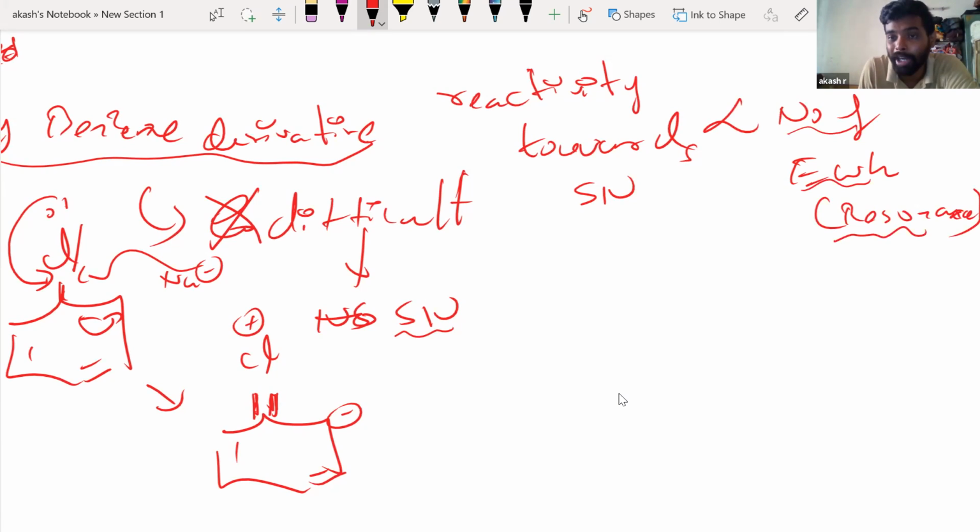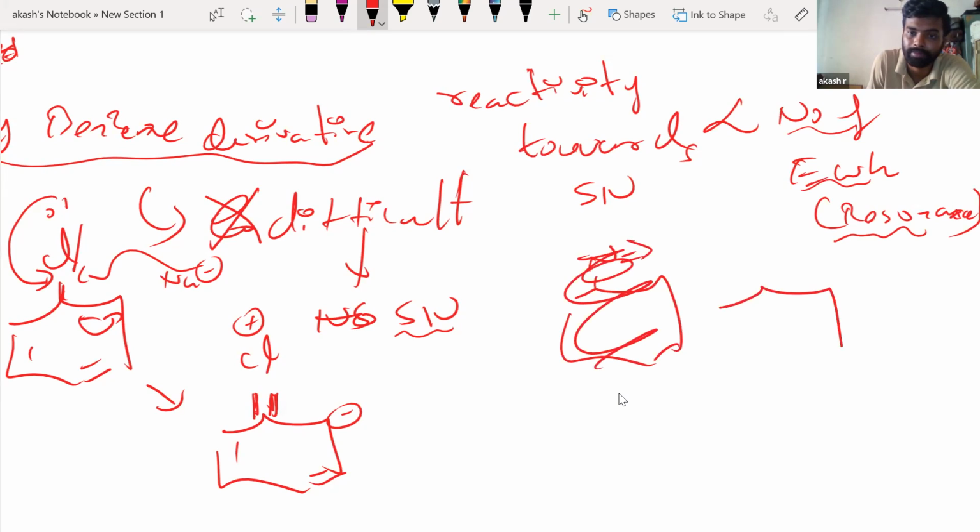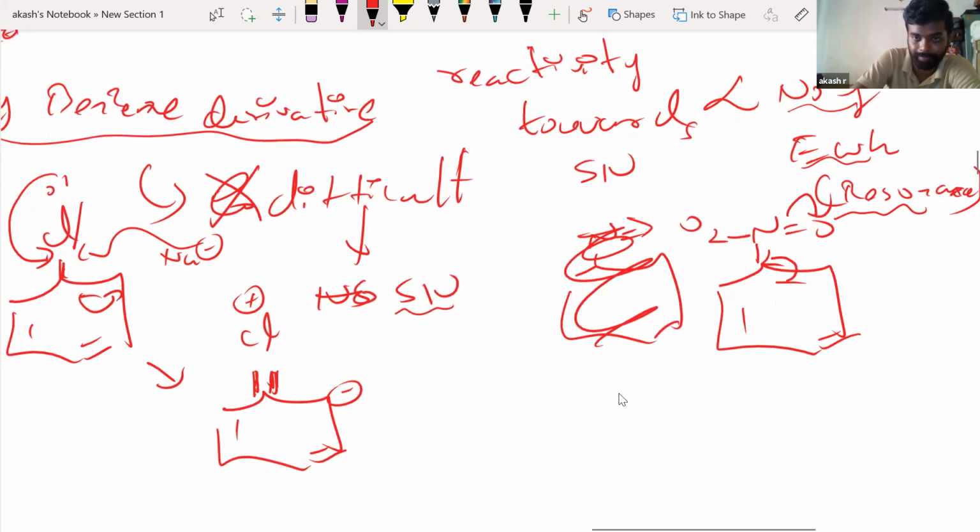Now, what is the reason behind this? It is very simple. Now look at this. If I have NO2, for example, this is not an electron donating group. This is an electron withdrawing group. You see that this bond can go here, and this bond can break.